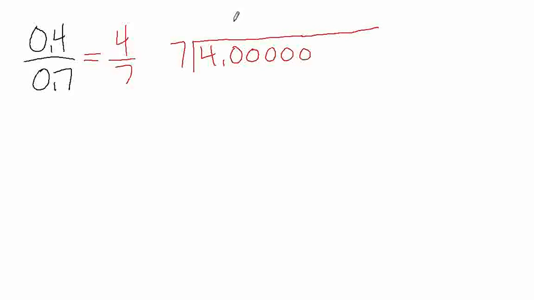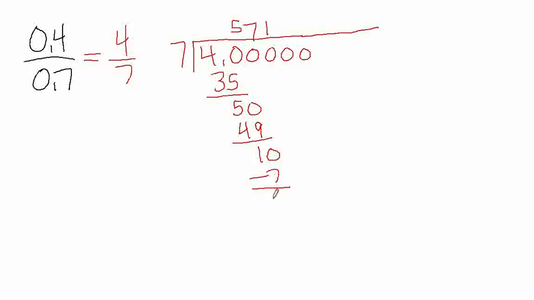Okay, so 7 goes into 4 5 times. 7 goes into 5 7 times. 7 goes into 10 one time. 7 goes into 3 4 times. 7 goes into 2 2 times. 7 goes into 6 0, how many times is it? 8.